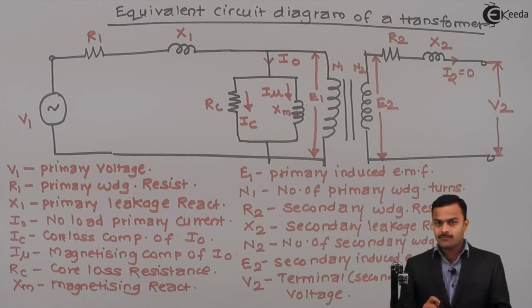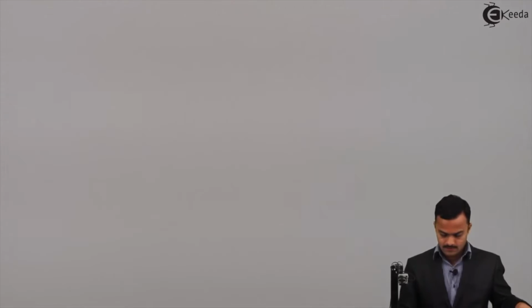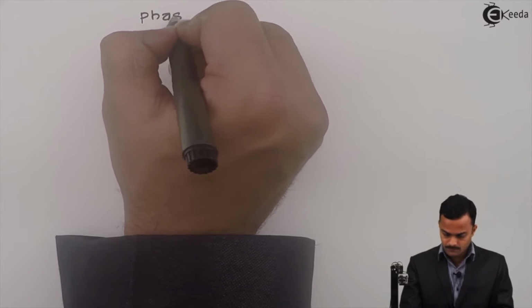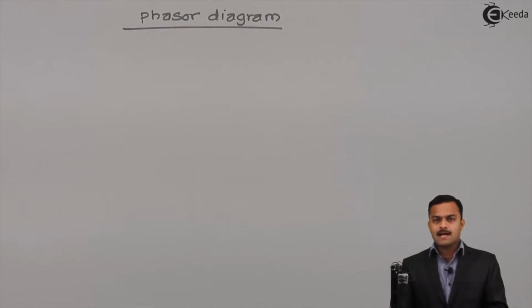Let's draw its phasor diagram. So I will start with flux phi.